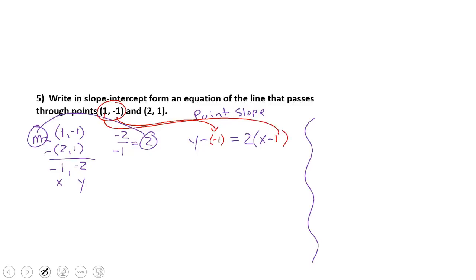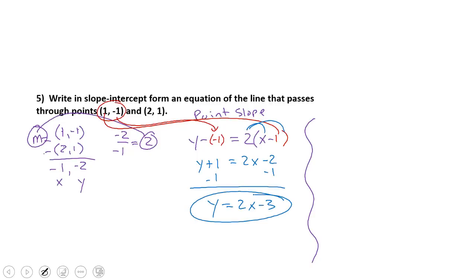And now I'm going to do the math, and as I simplify, I have y plus 1 equals, and I'm going to distribute here, so 2x minus 2. And now I'm going to do the last thing, subtract 1 from both sides, I get y equals 2x minus 3, in slope-intercept form of y equals mx plus b, the equation of the line passing through those 2 points.